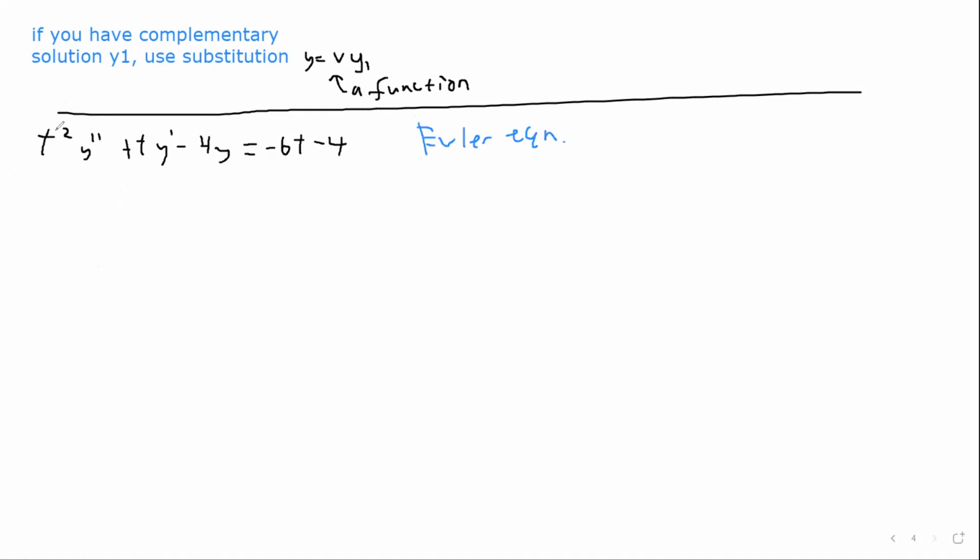Euler equations have a t term in front of each y term whose power corresponds to the primes. In an Euler equation, you can either memorize the substitution for the complementary solutions, y equals t to the r, or memorize the equation.